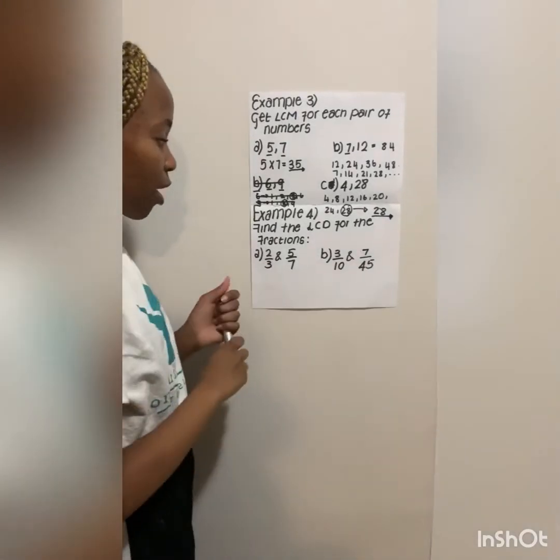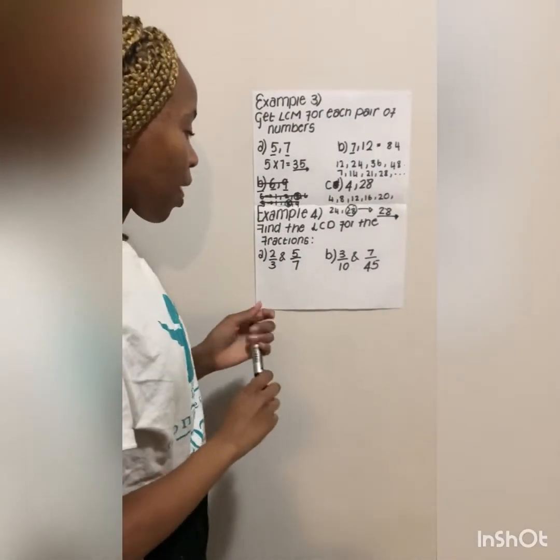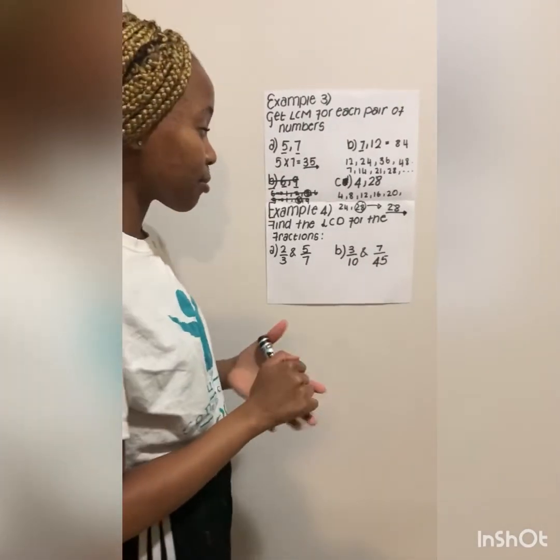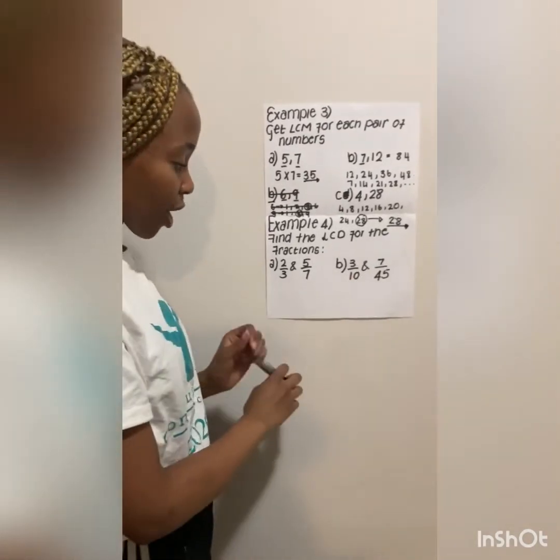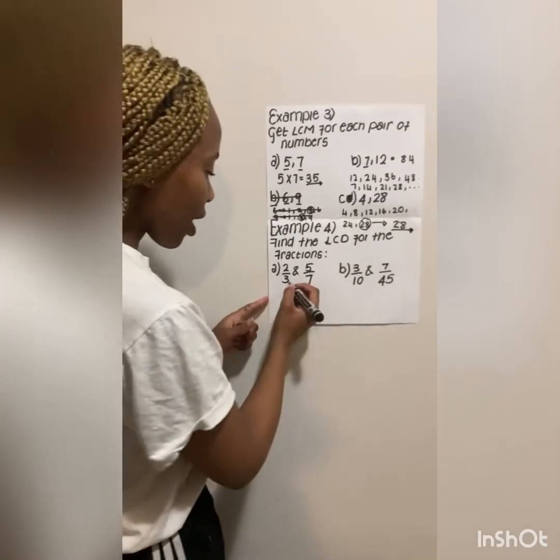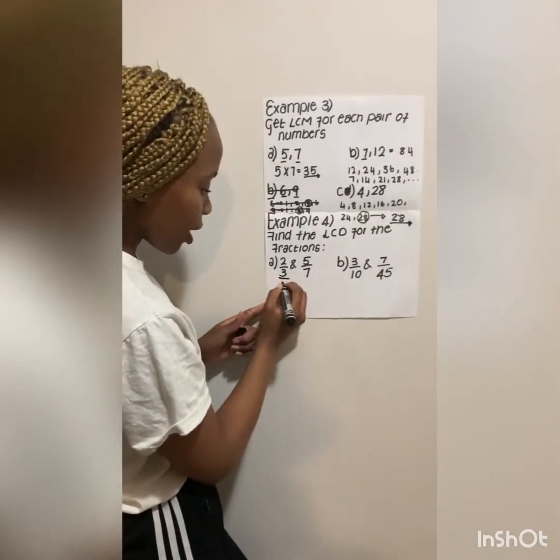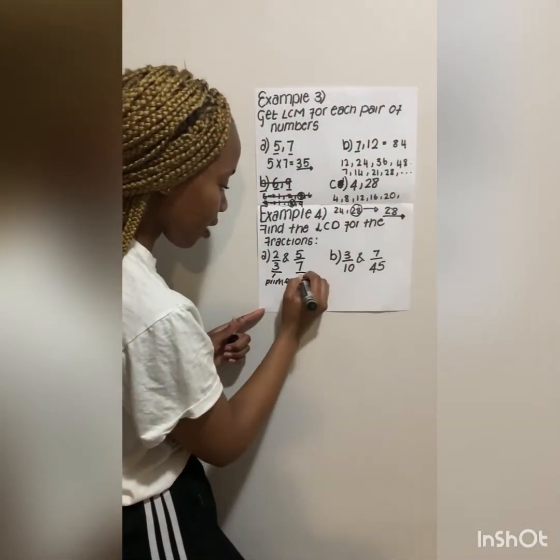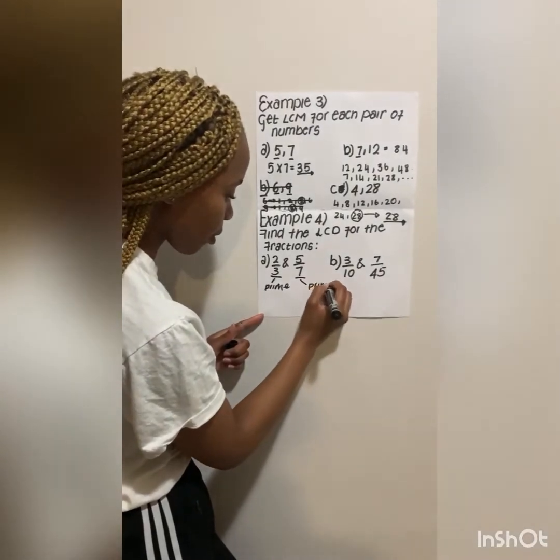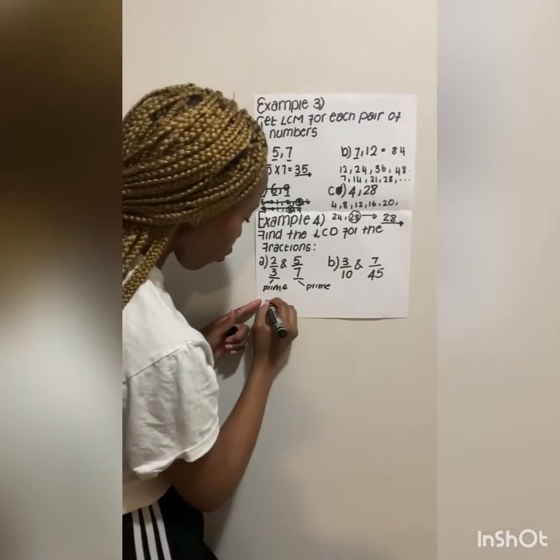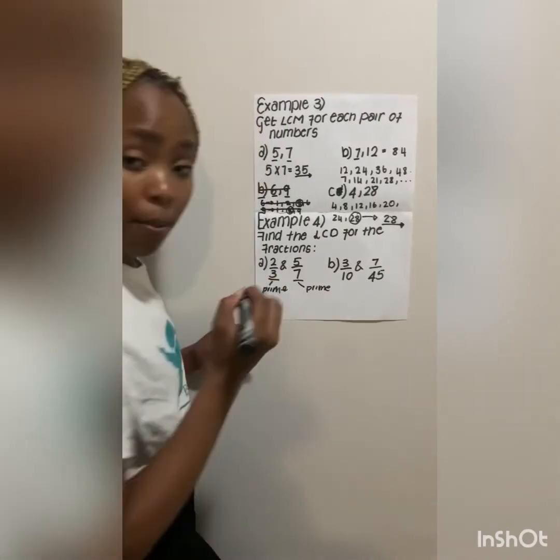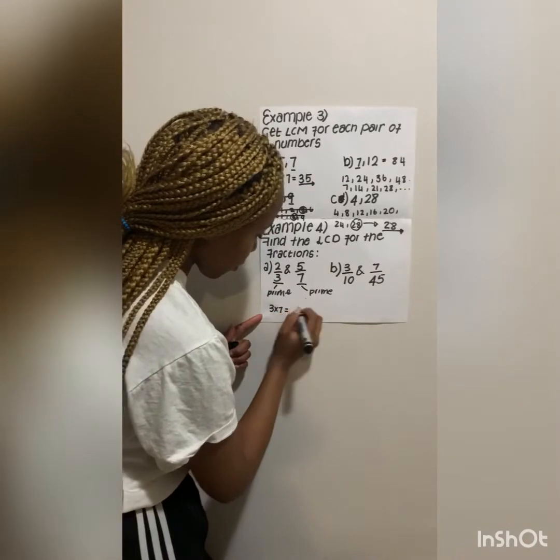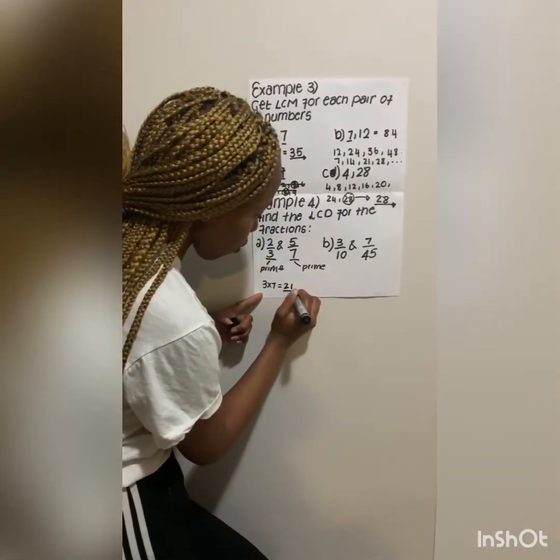We carry over and we look at example 4. Example 4 asks us to find the least common denominator for each of the fractions. We know that for A, 3 is a prime number and 7 is a prime number. So all we do is multiply the two denominators, and get 21.